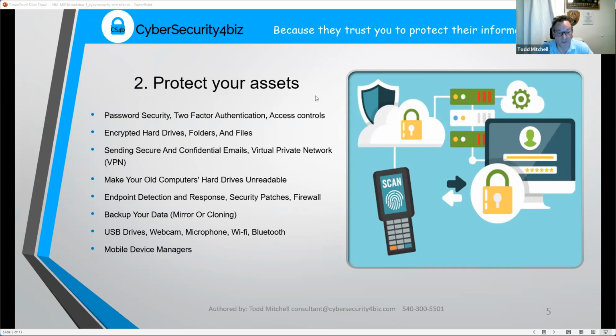Some other things to be aware of are USB drives, webcams, microphones, Wi-Fi, Bluetooth. If you're not using these on your devices, you should leave them shut off. An example is, on your cell phone, if you're carrying your phone around and you're not actively using Bluetooth for your headset, don't have the Bluetooth on, because that's just another entry point that somebody could use to get into your phone or into your computer.